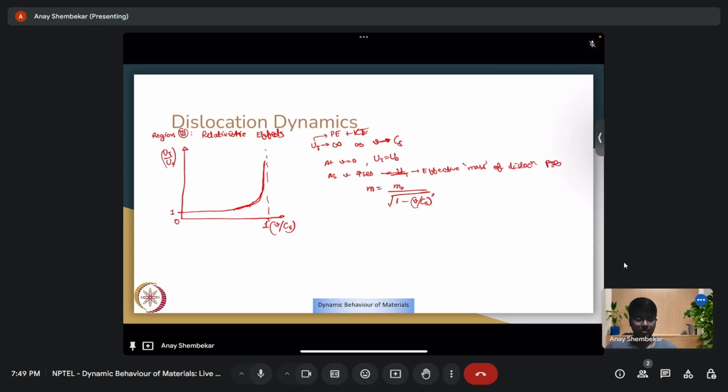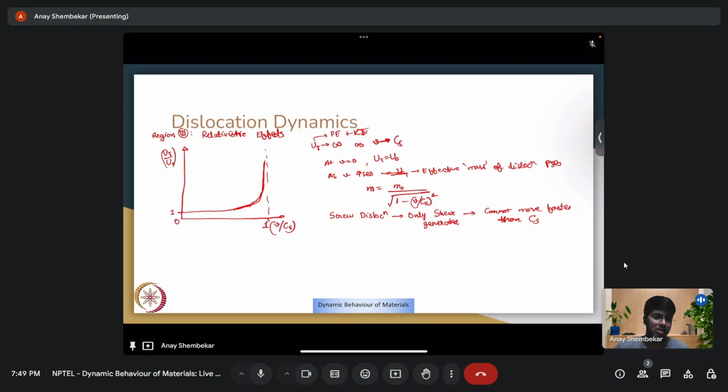So in here, there are a few things. Firstly, if we consider only the case of a screw dislocation, only shear stress is generated, which means it cannot move faster than the shear wave velocity.